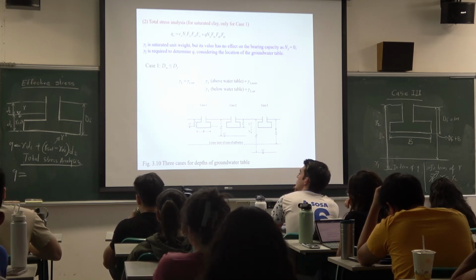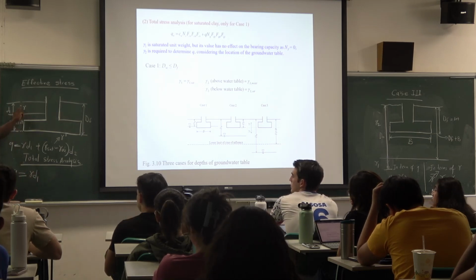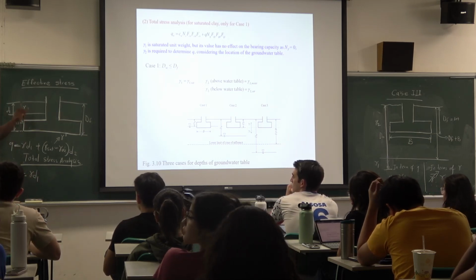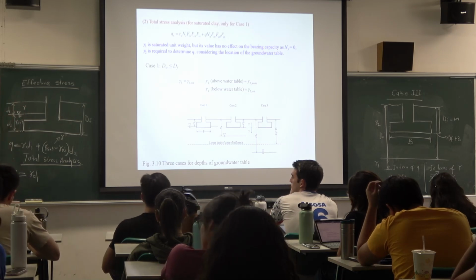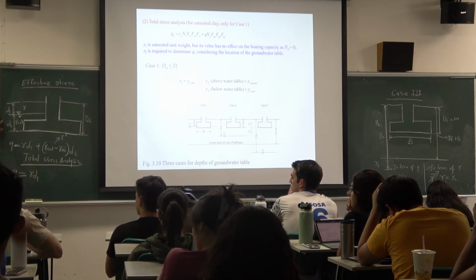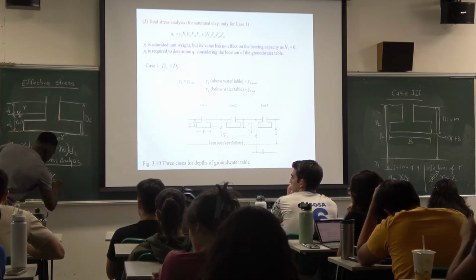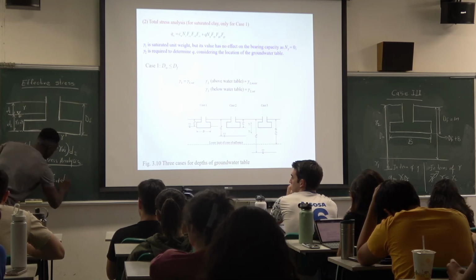Gamma times D1. Yes, gamma times D1, right? Because this is still above the water level, so we don't need to worry about that. It's still the same. And then now, how about here? Plus gamma saturated, yes, times D2.